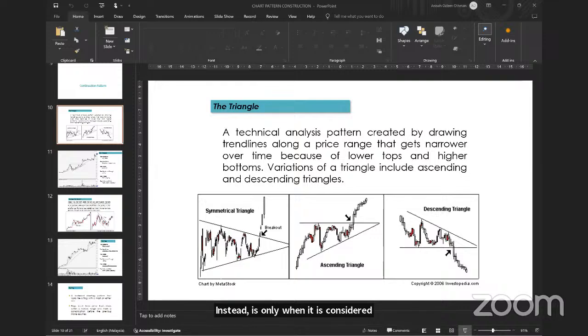As long as it stays in between the baseline and the neckline, the pattern is not complete, it is still in the making. Once it breaks out from the neckline, only then you take it as a completed pattern. Once you have a completed pattern, then you can start measuring the target.